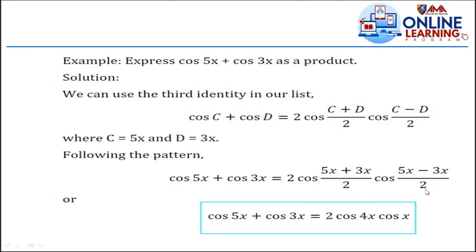So, collecting like terms, 5x plus 3x is 8x divided by 2. We have 4x. 5x minus 3x, 2x divided by 2. We have cosine x. So, that is our answer.